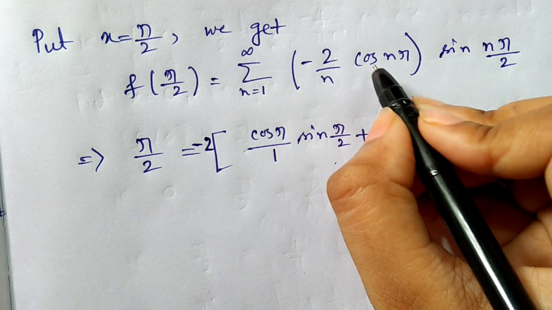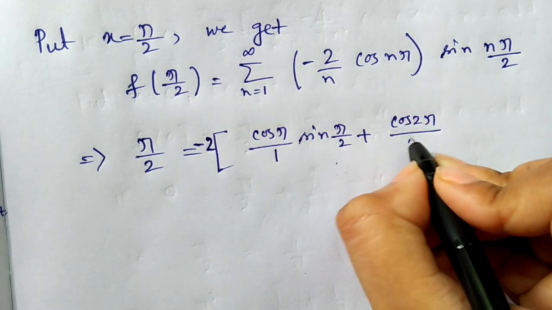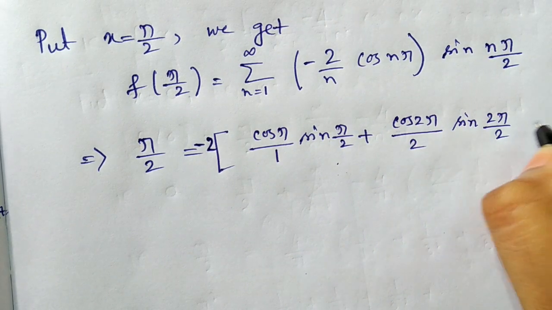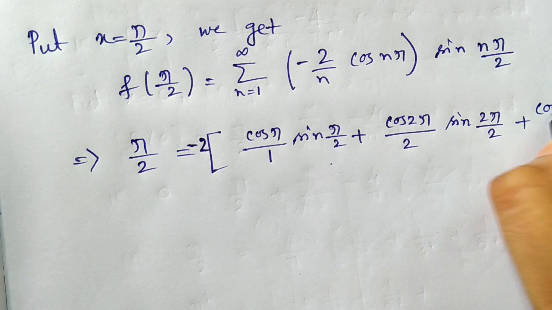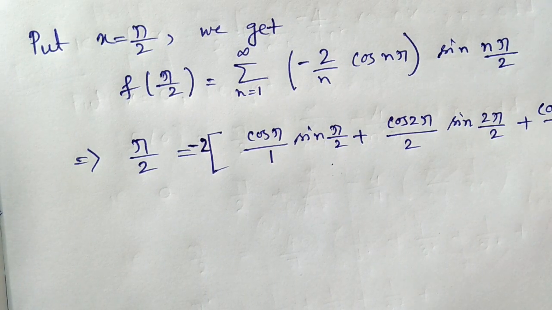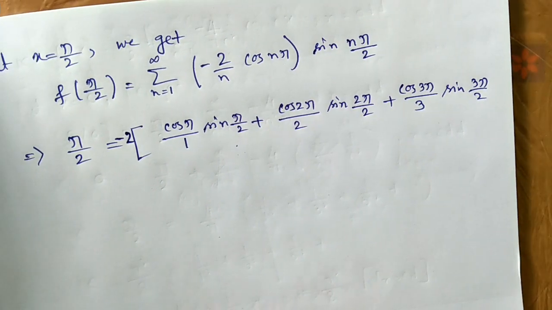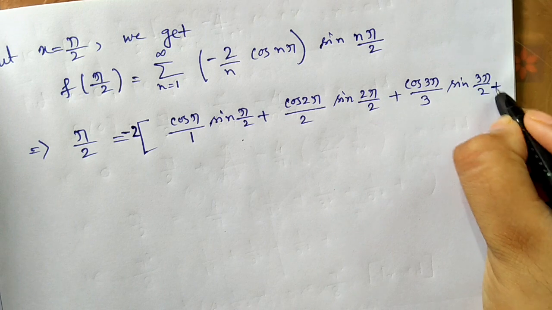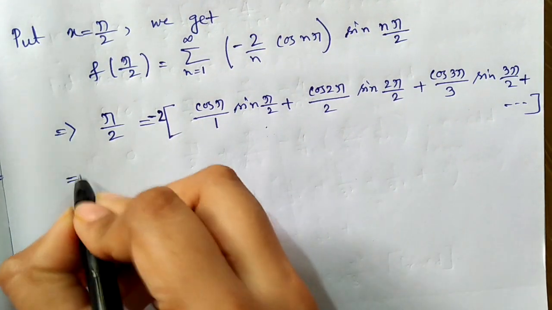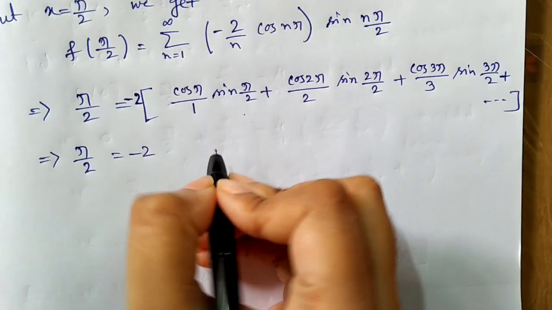Then for 2, cos 2 pi by 2, this is sin 2 pi by 2 plus cos 3 pi by 3 sin 3 pi by 2. Okay, plus so on in this way. Therefore pi by 2 equal to minus pi.